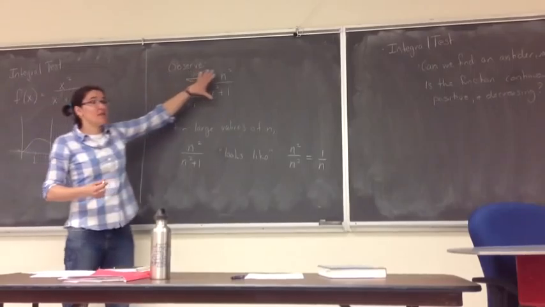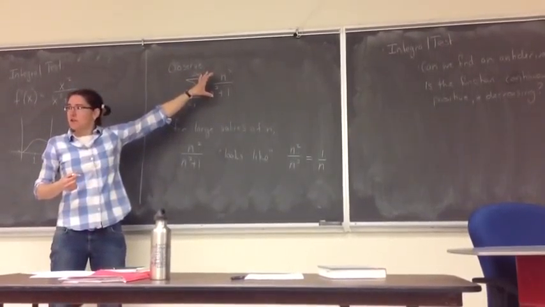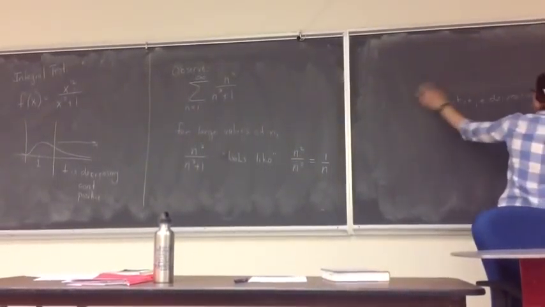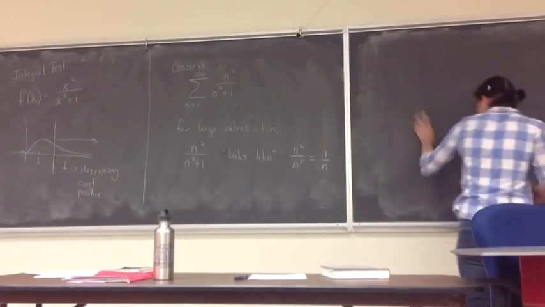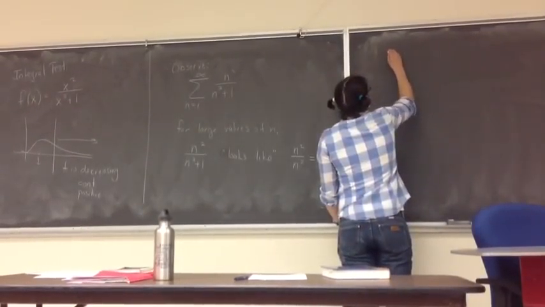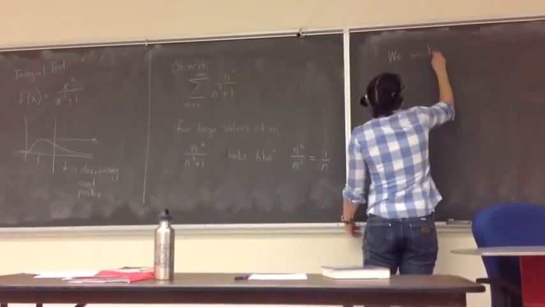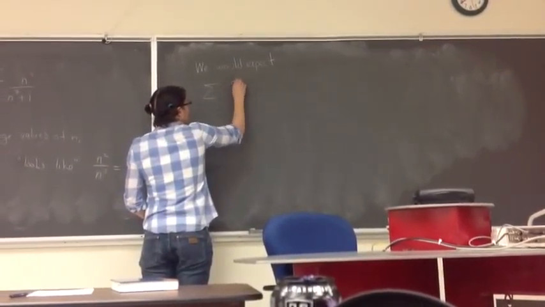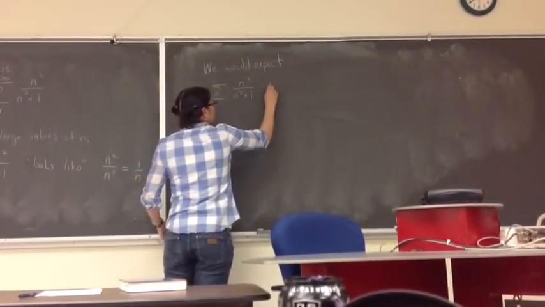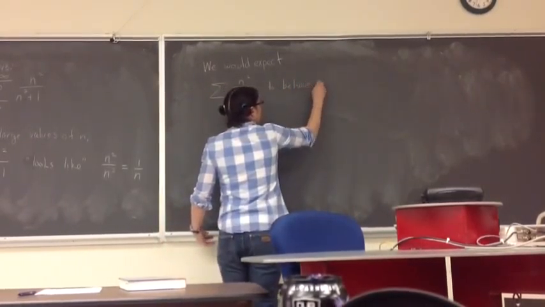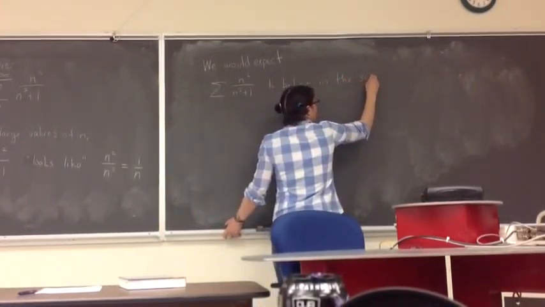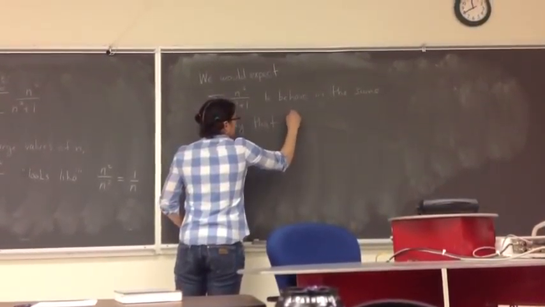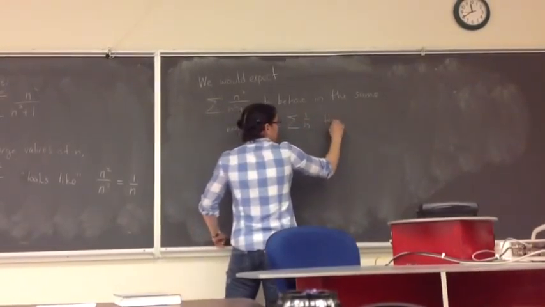And so when I look at this series up here, it kind of looks like the sum of all the 1 over n's. And so we would expect the sum of n squared over n cubed plus 1 to behave the way that the sum of 1 over n behaves.